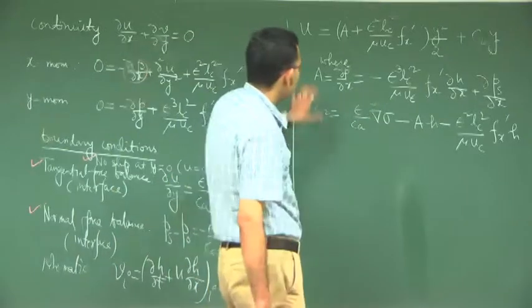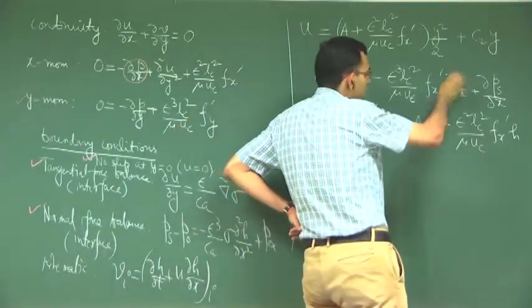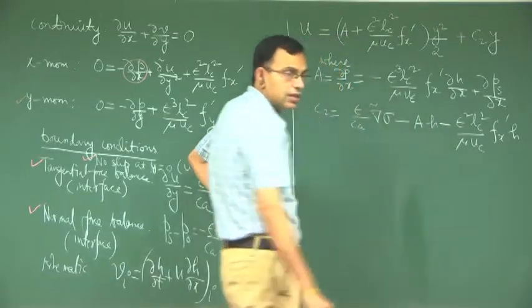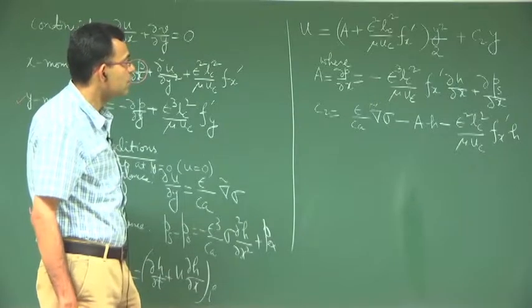So, these are functions of what? H is a function of x and time, therefore both A and C2 are functions of x and time.